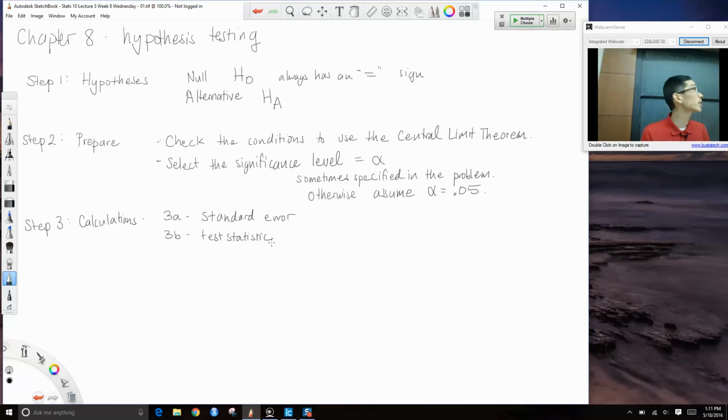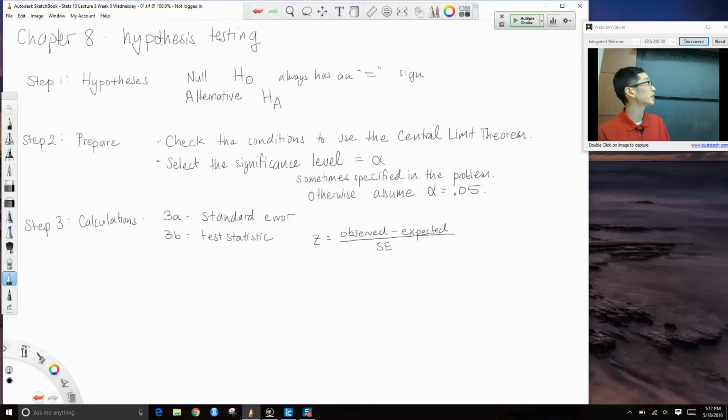In Chapter 8, our test statistic is going to be a z-score, which is the difference between what we observed and what we expected, divided by the standard error.